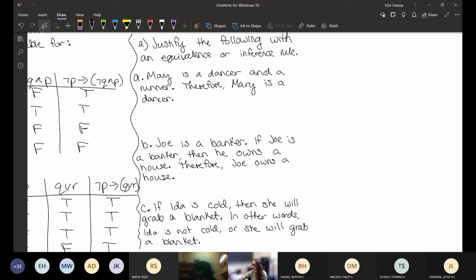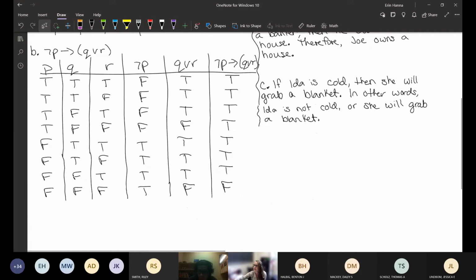And actually, I haven't actually finished it yet. One second. And there we go. Okay. So for this first one, Mary is a dancer and a runner, therefore Mary is a, yep. And actually, that is nice because I need to check something real quick.